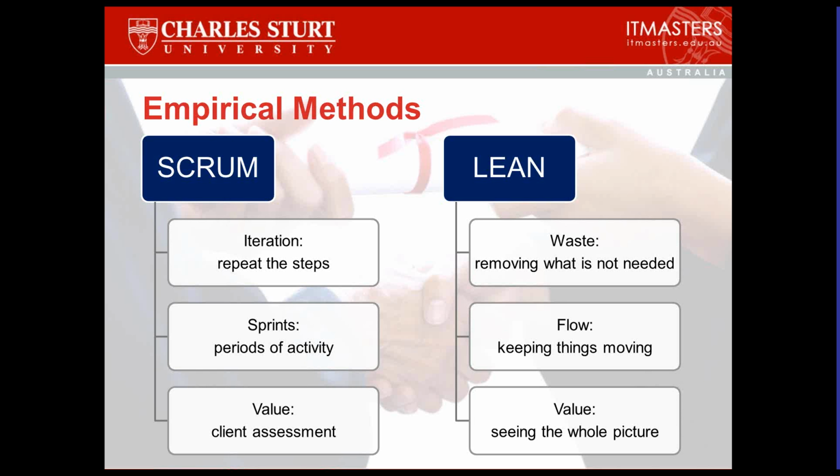Well, we can't really assess the value of that until we look at the big picture and we see that when we do this, this, and this, it all works much better. There's your value. So different ways of going about it.